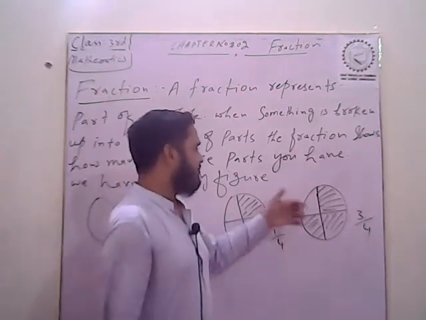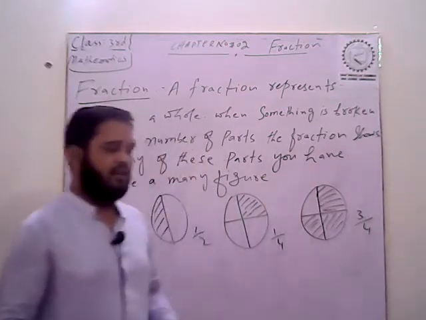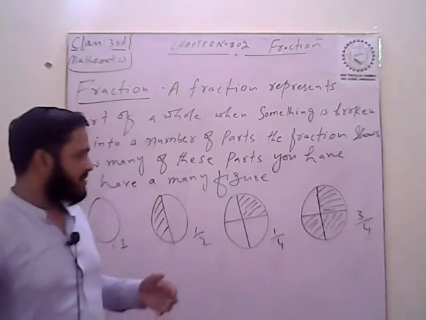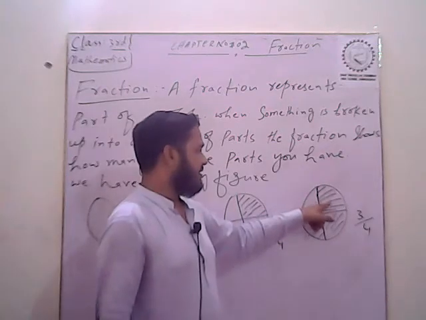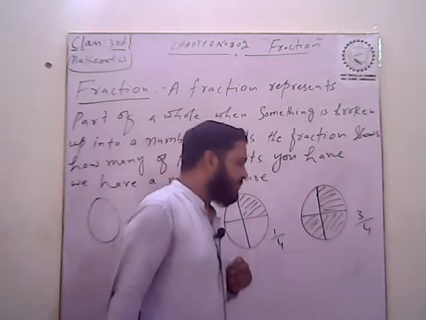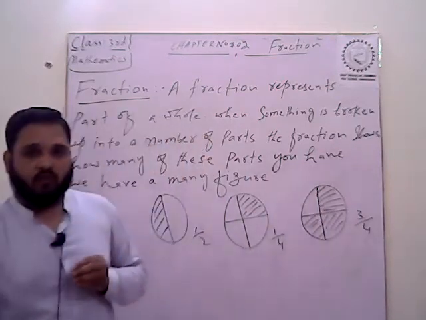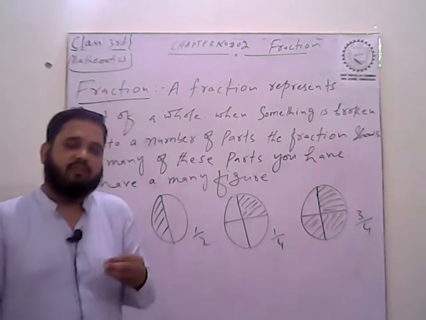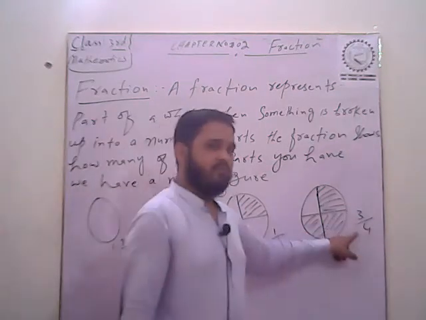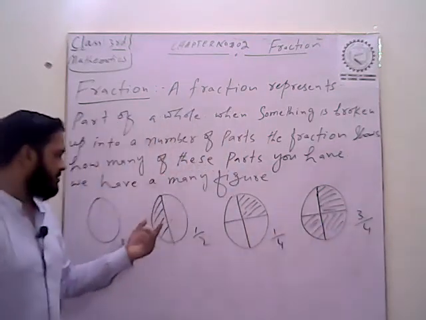Now in another example, a circle. There are 4 parts, of which 3 parts are colored. 1, 2, 3. Then we write in mathematical form 3 upon 4. You can see there, student.